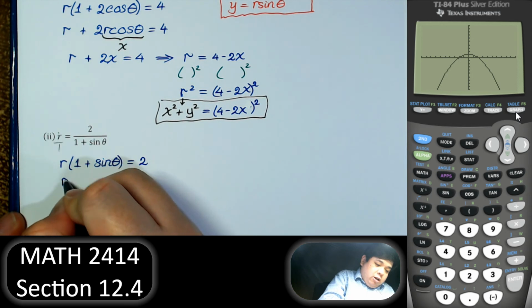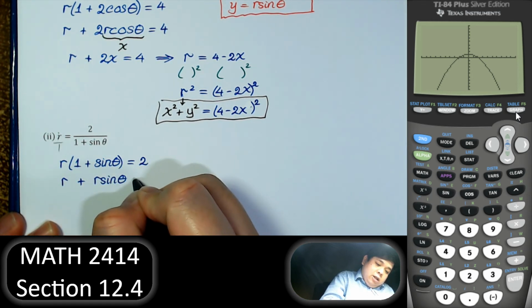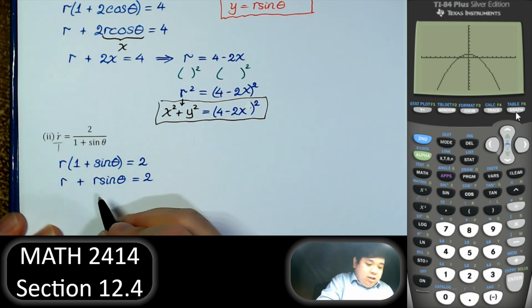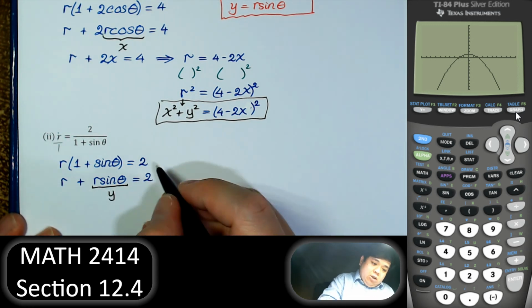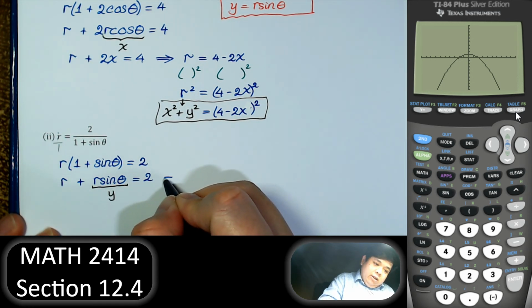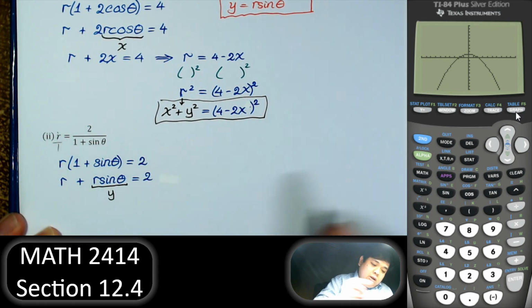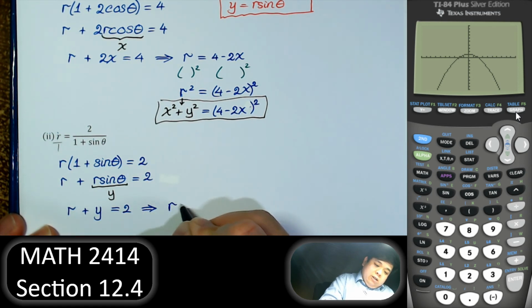Multiply them out: r plus r sine theta equal to 2. r sine theta is y. So here we have r plus y equal to 2. Solving for r: 2 minus y.